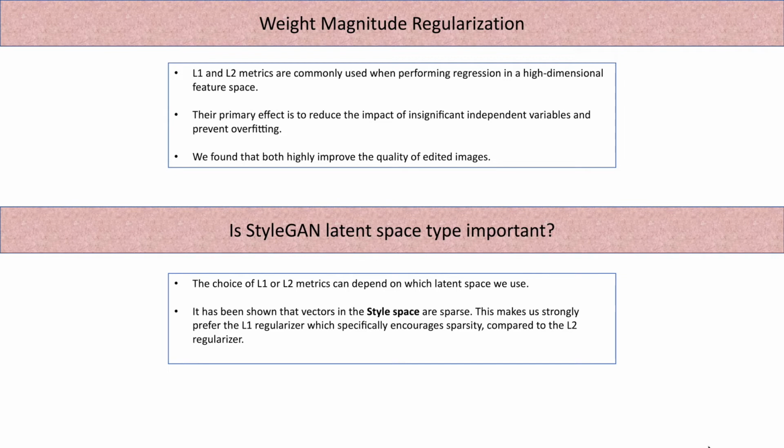Therefore, the direction should be sparse, and we can use L1, which encourages sparsity. But for W plus space, we have seen that L1 or L2 works quite well, and we don't prefer either of them.